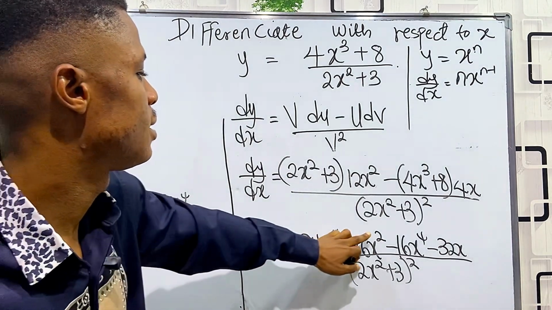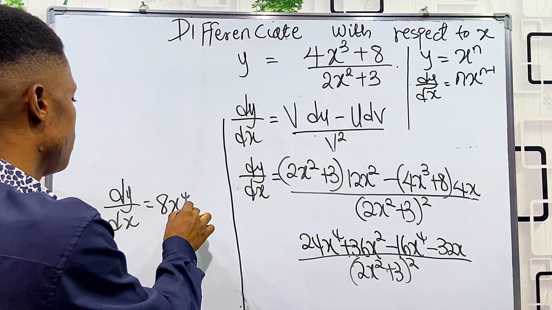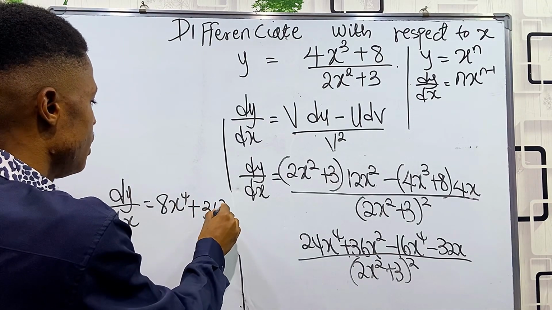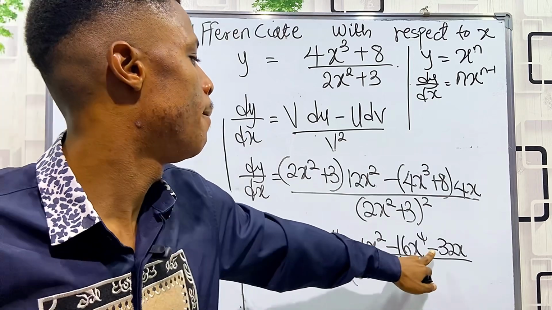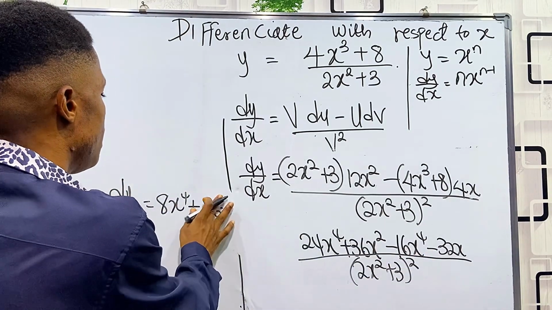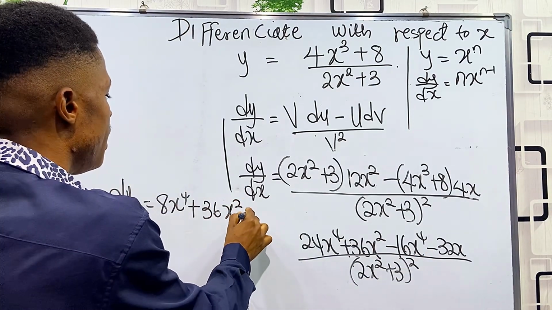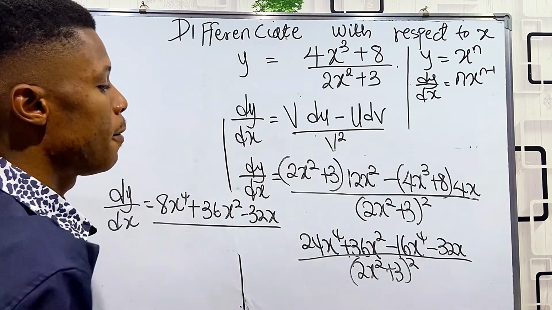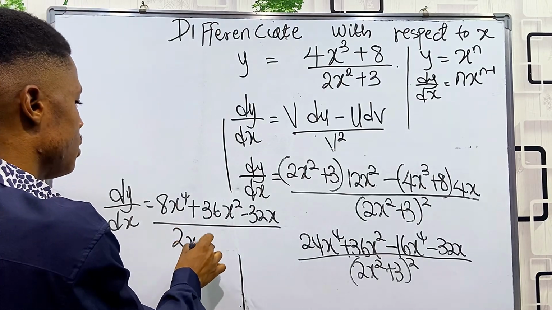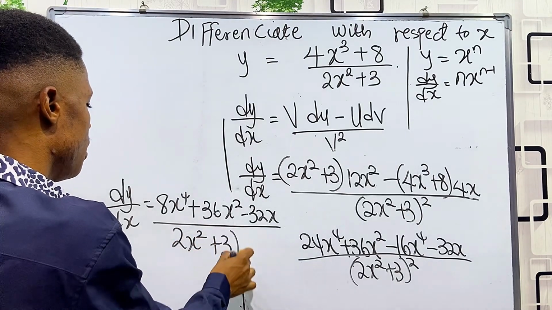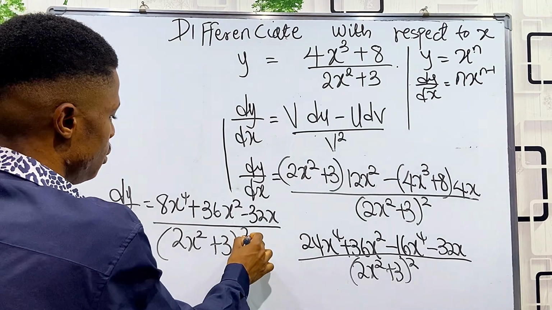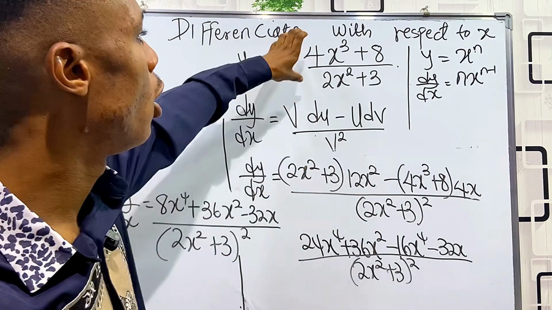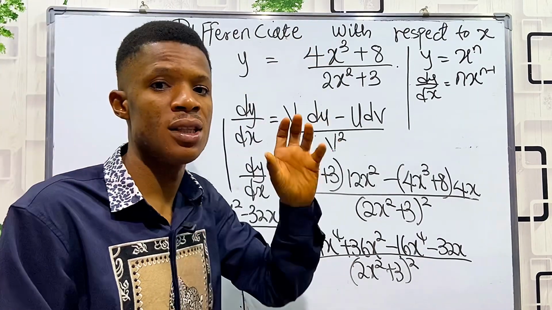Then 36x squared doesn't have a like term, so plus 36x squared, then minus 32x, then divided by 2x squared plus 3, raised to the power of 2. So this particular form now is a complete differentiation of this given function using the quotient rule.